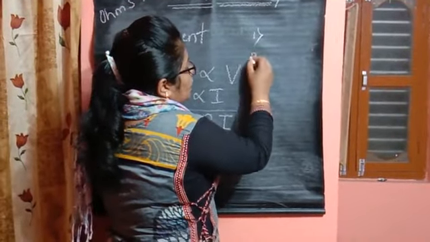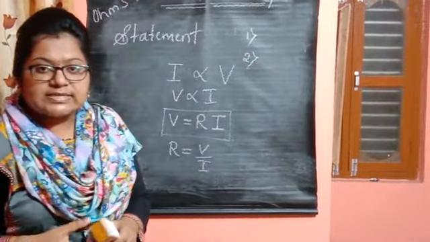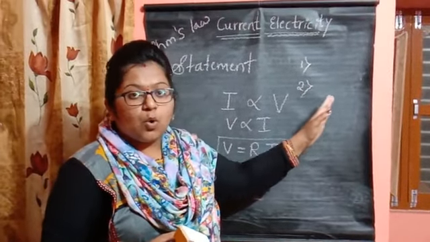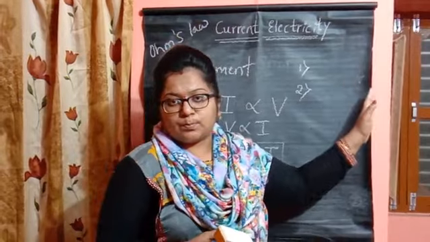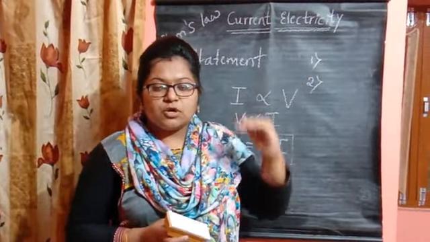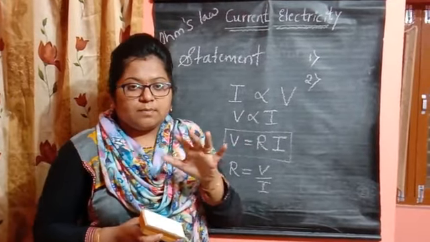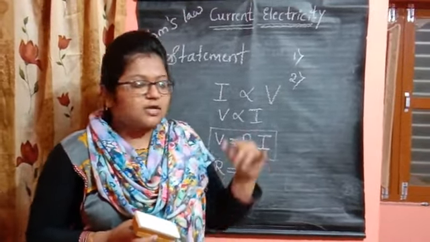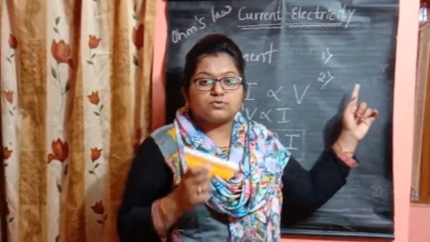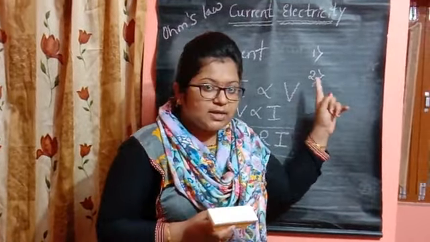What is the second limitation? The second limitation of Ohm's law is that it is applicable only at moderate temperatures. Moderate temperature means not very high, not very low, medium. So Ohm's law holds good only at moderate temperature.